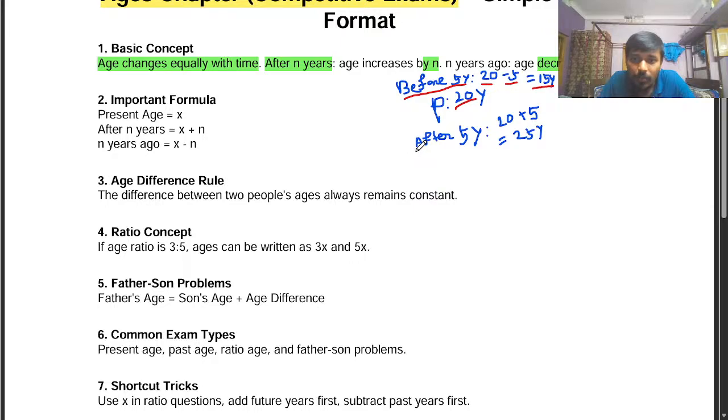And after 5 years, what will be my age? After 5 years, my age will be 20 plus 5 years, that is 25 years. Understood, students? This is very simple theory, you can say.